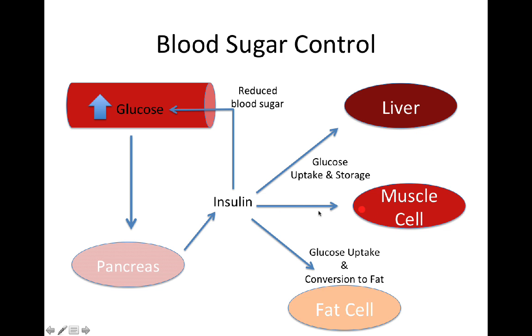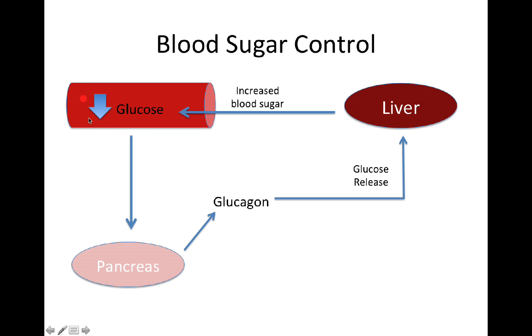With muscle cells and with liver cells, they're going to help take up the glucose and store the glucose for later use. In fat, they're going to take up the glucose as well, and it's going to assist in the conversion of the glucose to fat. So all of this is going to work together because you're taking the glucose out of commission to reduce the blood sugar levels back to normal so that it's not toxic.